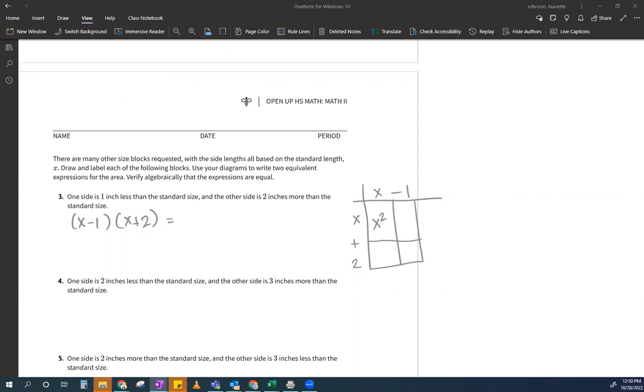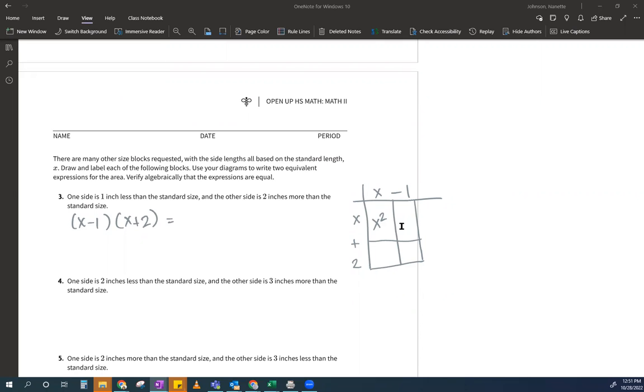Okay, fine. What would this next box be then? Ooh, someone says negative x. Why would they say negative x? Wait, let's check.